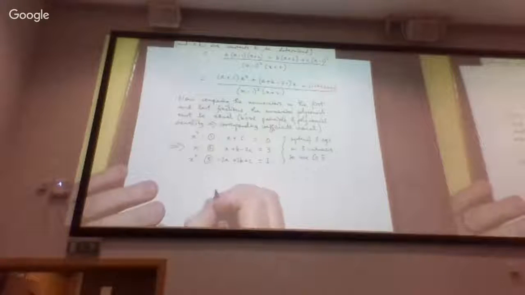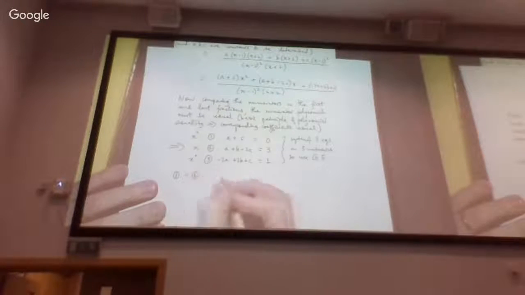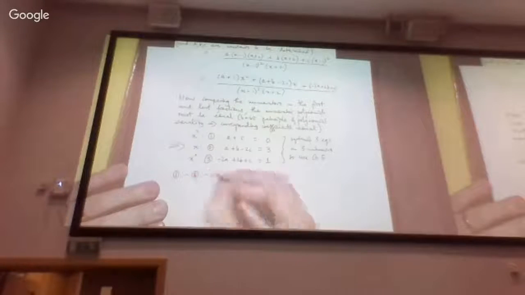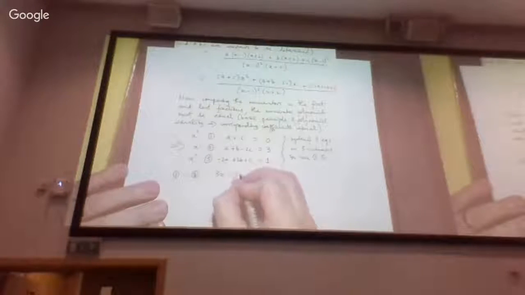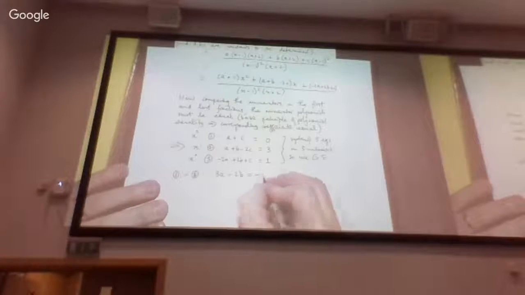It's just 3 by 3. So if I just do some quick, appropriate substitutions and combinations, I'll get the answer. So first of all, if I do equation 1 minus equation 3, this gives me 3a minus 2b, and the c's cancel, and that must equal minus 1.